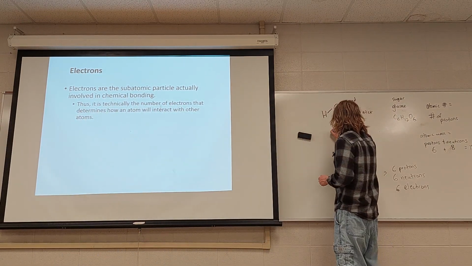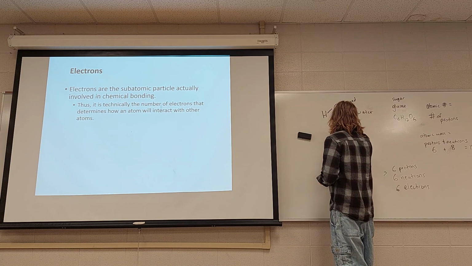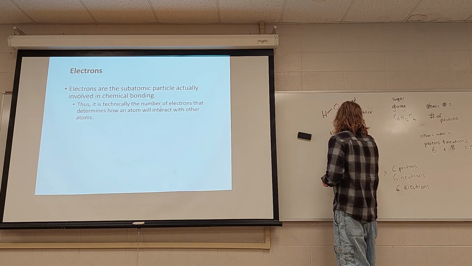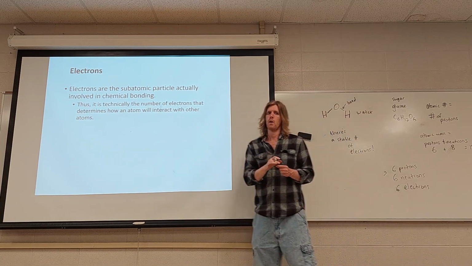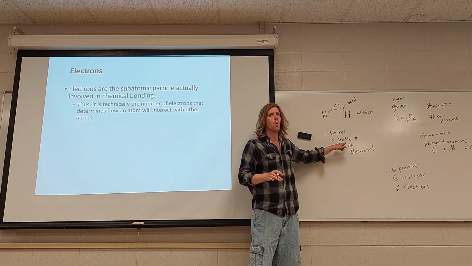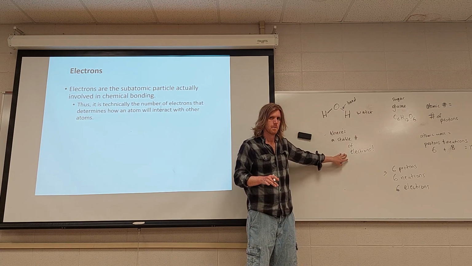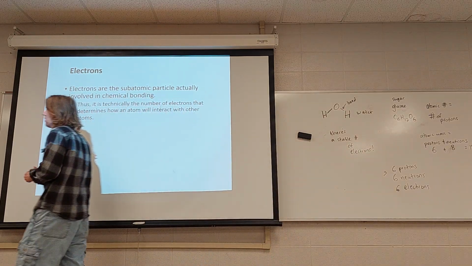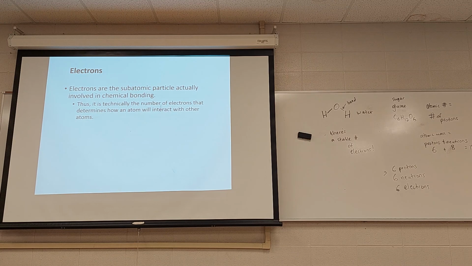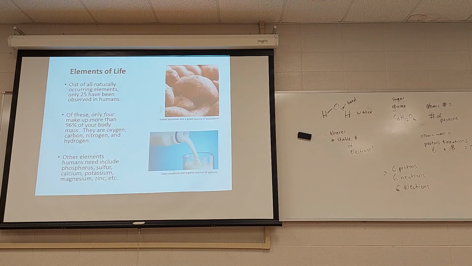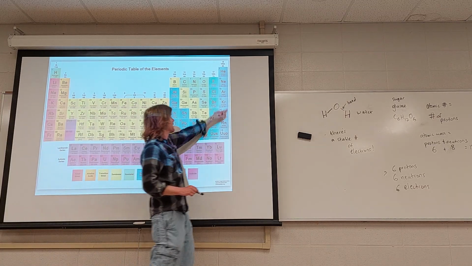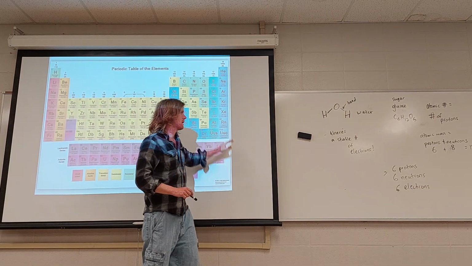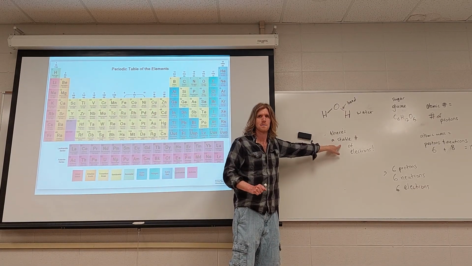Because you see, here's the thing. There's a stable number of electrons that you can have if you are an atom. And that's what you want to get to. You want a stable number of electrons. And if we go back to the periodic table, all of these guys here, the noble gases, they've got it.